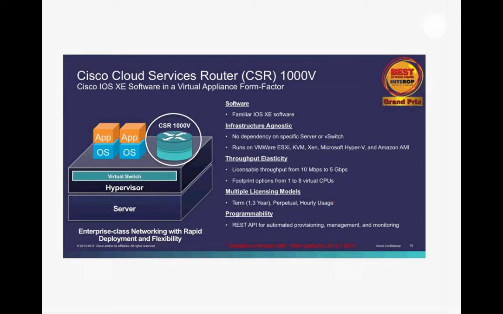So the CSR itself, you can see here, basically runs on top of any major hypervisor that's out there today, and any of the virtual switches that are available on those. So for example, we launched the product originally on VMware ESXi, and then very rapidly added in support for KVM, Xen, and now we have Microsoft Hyper-V. So that addresses all of the major hypervisors that anybody is typically going to be using in a production environment.